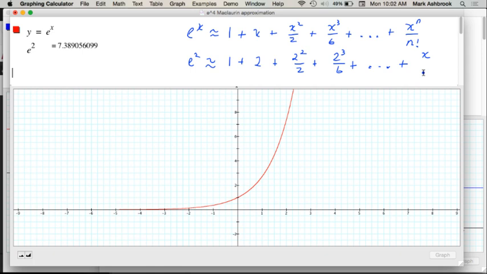No, that would take forever. So what does it do? It just takes enough terms to get that many decimal places correct. Oh, sorry, 2 to the n over n factorial.